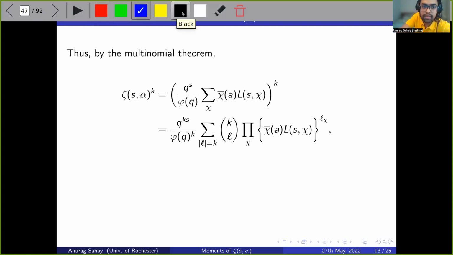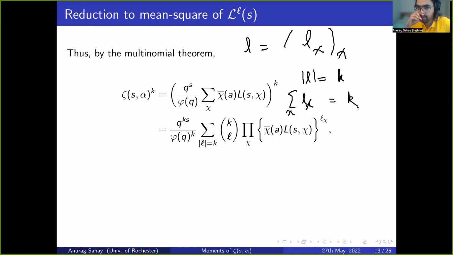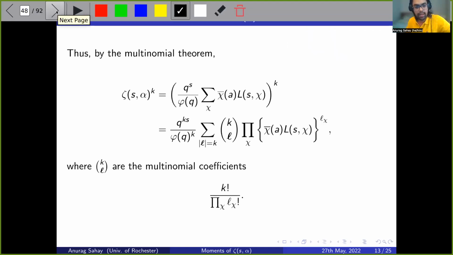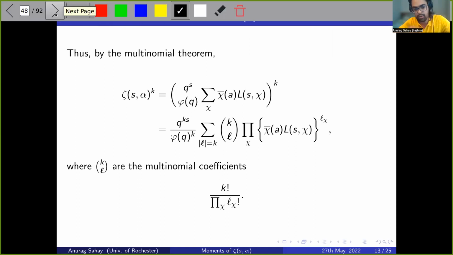Here L is indexed by the characters mod q, and the size of L equals k, meaning the sum over chi of L chi is equal to k. That's just a straightforward application of the multinomial theorem. These are the multinomial coefficients, just k factorial times the product over chi of L chi factorial.